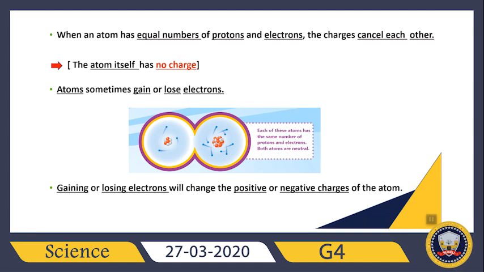But if an electron is gained or lost from the atom, what happens? Will it be neutral? If the number of electrons becomes more or less, it will not be neutral. The charge of the atom changes into positive or negative.